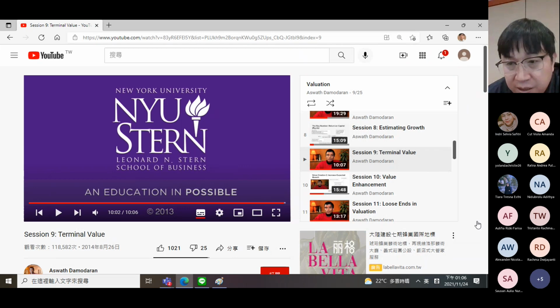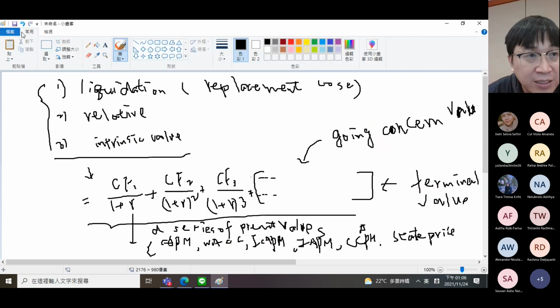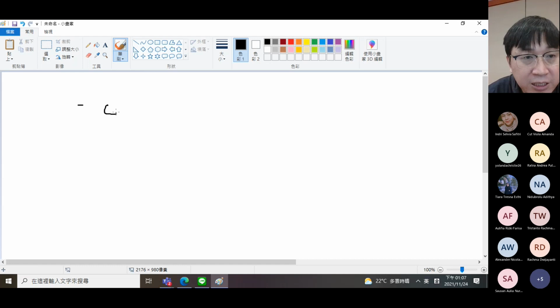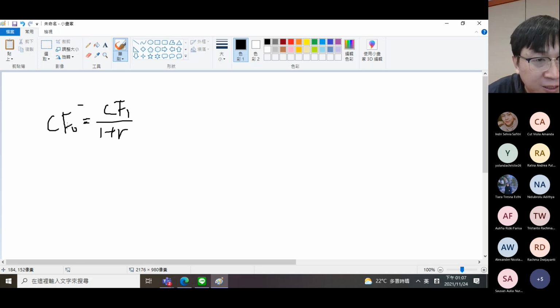So next, let us watch the value enhancement. Value enhancement is important. So for example, here CF1, I just use the one period, divided by 1 plus R, is CF0. How do we enhance the CF0? So first, increase the CF1, right? Increase CF1 and decrease the R, right?